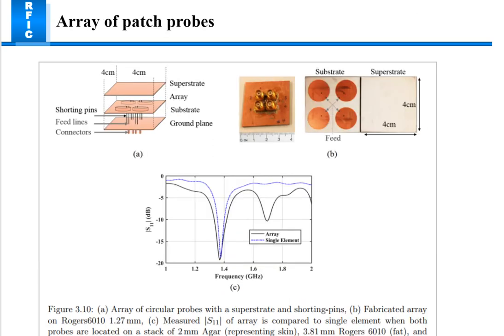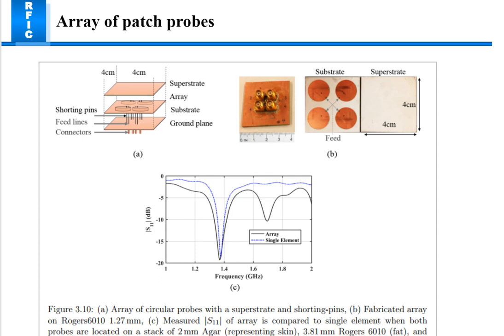And there is an array patch probe also considered in this. There was a circular probe with superstrate and shorting pin, used the same as before, then fabricated, and then you can see in the figure next to that, figure B, a fabricated array on Rogers 6010 of 1.7 mm.